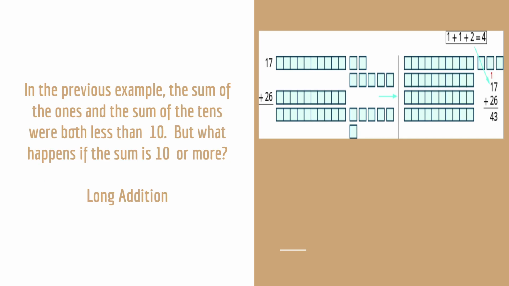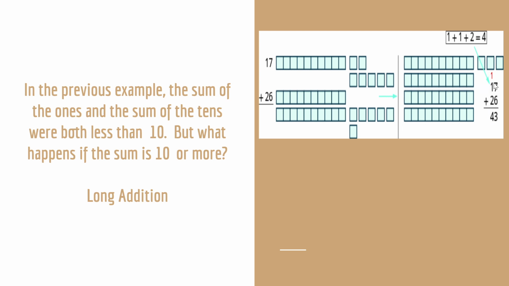Next, long addition. In the previous example, the sum of the ones and the sum of the tens were both less than 10. But what happens if the sum is 10 or more? For this, we use long addition. In the example, 17 plus 26 is 43.